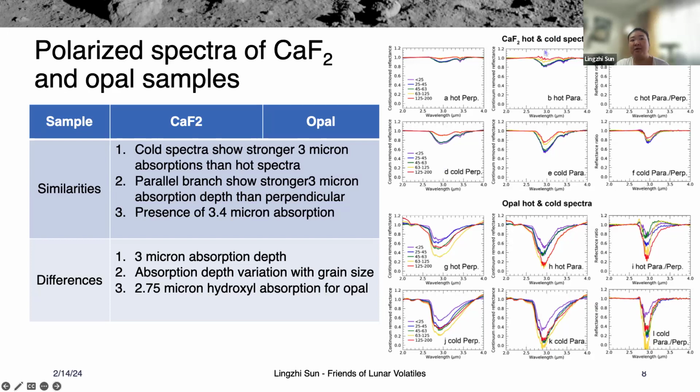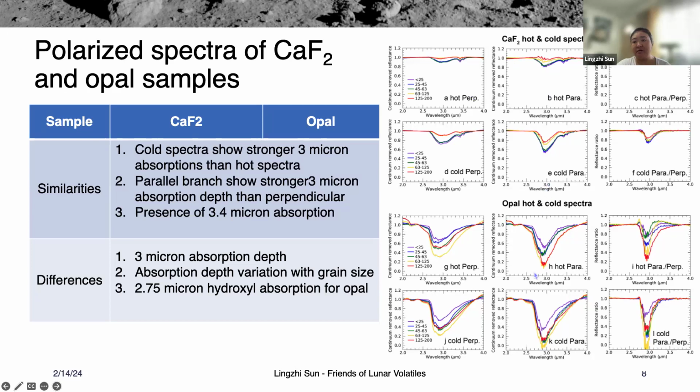When we look at the cold spectra compared to the hot, you will see that the cold spectra has stronger absorption depths compared to the hot for both opal and calcium fluoride. That's corresponding to the absorption of surface water from the atmosphere. And also the parallel branch has stronger absorption depths than the perpendicular.